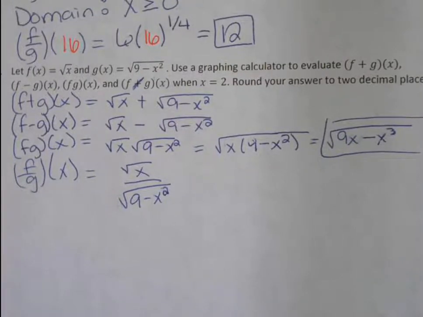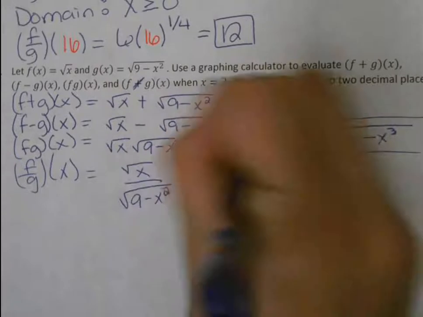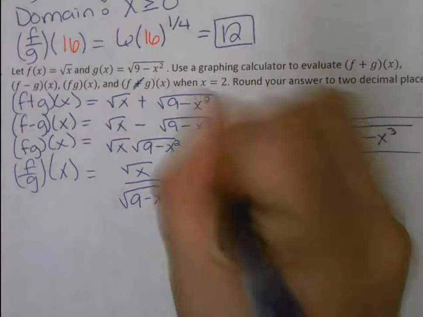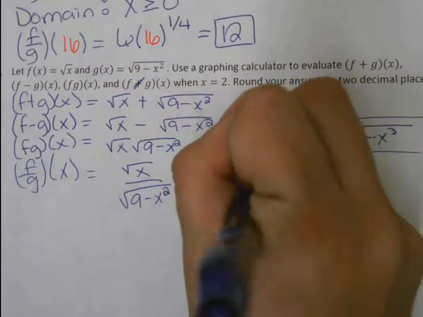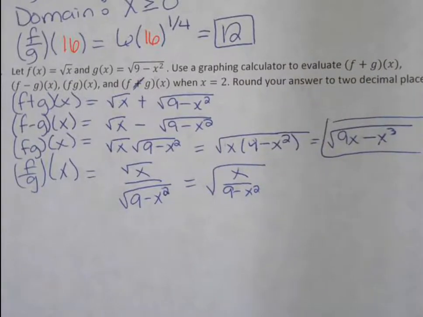So what I'm going to actually do is I'm just going to rewrite it so the square root is over all of them. It stays like this.